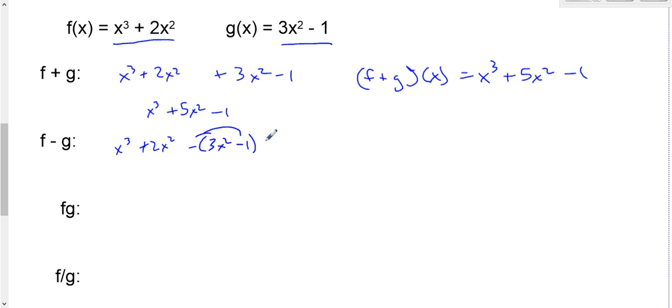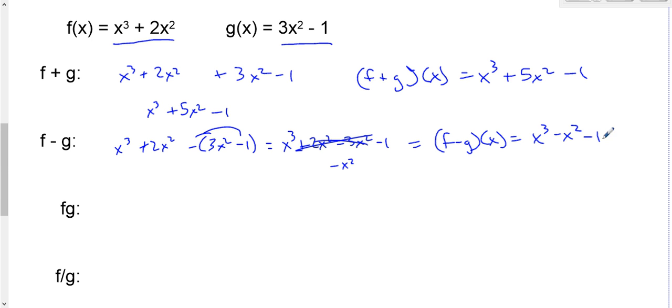That means we will distribute, and we will get x cubed plus 2x squared minus 3x squared minus 1. Combining like terms, we have 2x squared minus 3x squared, which is negative x squared. And we get f minus g of x to be equal to x cubed minus x squared minus 1.